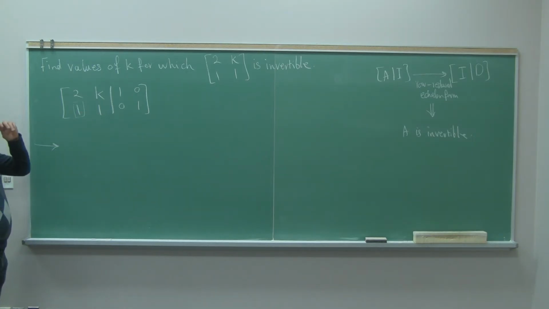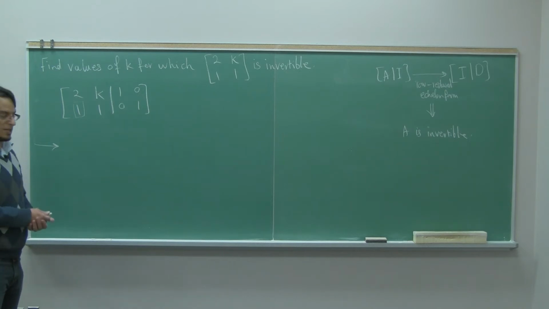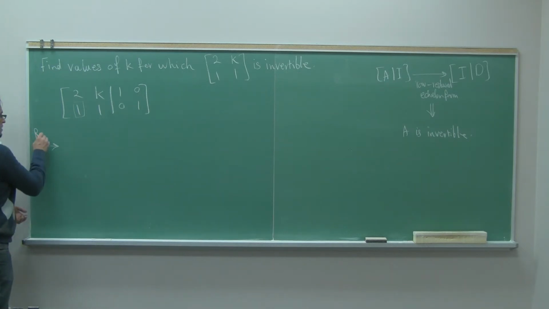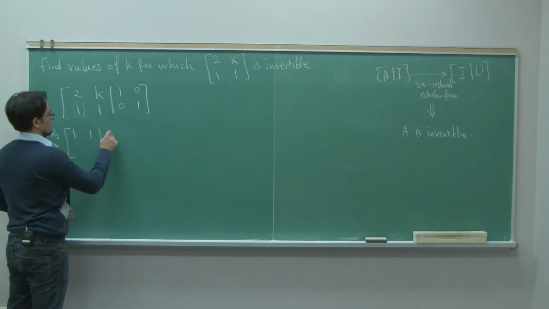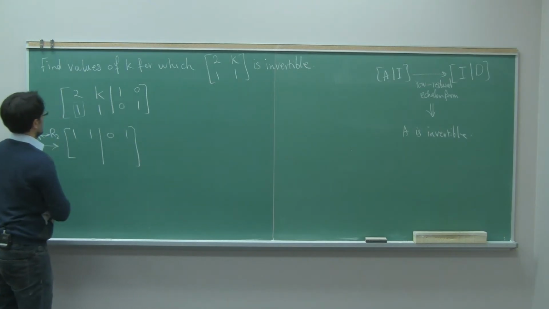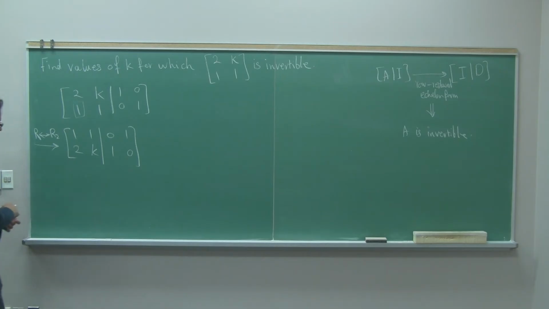I want to avoid getting fractions. So if I interchange row 1 and row 2, I get 1, 1, 0, 1, and then 2, k, 1, 0. Then I have the leading one in the right place.